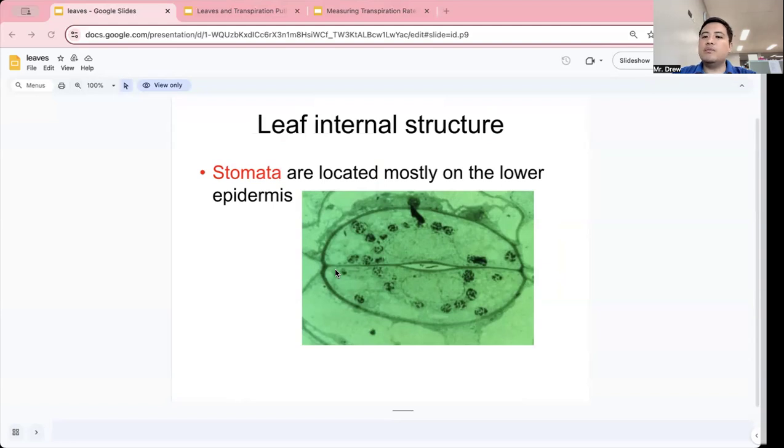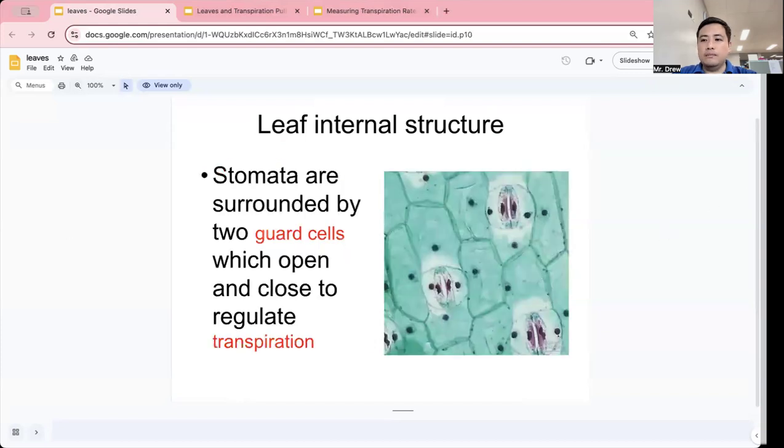It reduces direct exposure to sunlight and minimizes water loss. Now, each stoma is surrounded by two guard cells, which control its opening and closing. When open, gas exchange occurs, but water is lost. When closed, water is conserved, but less carbon dioxide enters. So plants adjust stomatal openings to balance photosynthesis and water conservation.